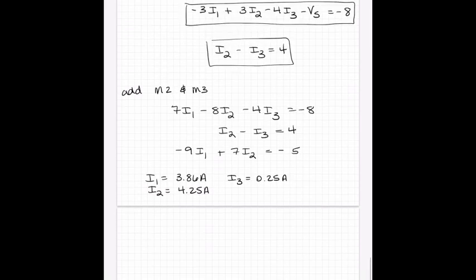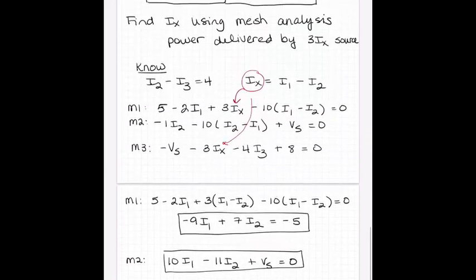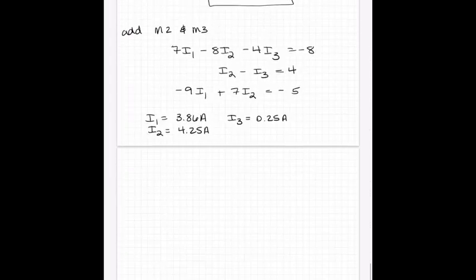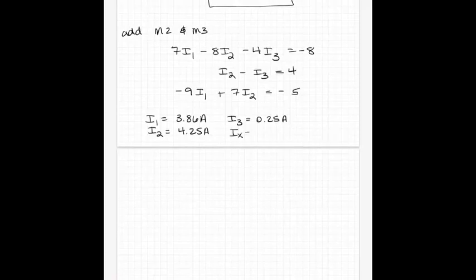And so remember that we solved for Ix at the beginning. Ix is I1 minus I2. So Ix is equal to minus 0.39, excuse me, amps.